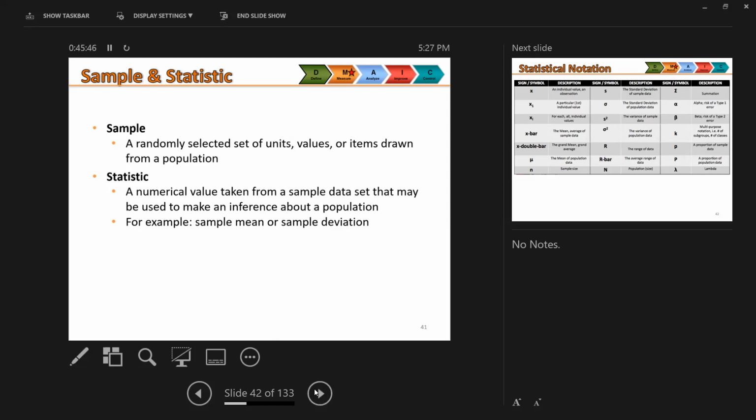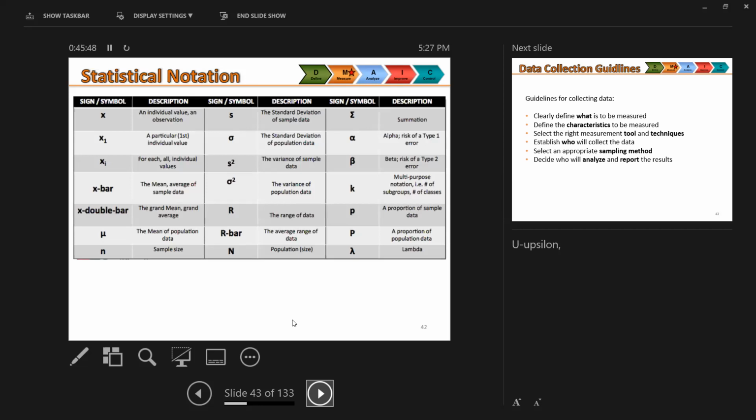So here's a couple of examples of some statistical notations. You're going to see this chart a lot, because a lot of times you're looking at formulas and it'll have a capital N equals something. So this is what they mean. It's nice to have handy until you get used to a lot of these things. Some of them are Greek letters.